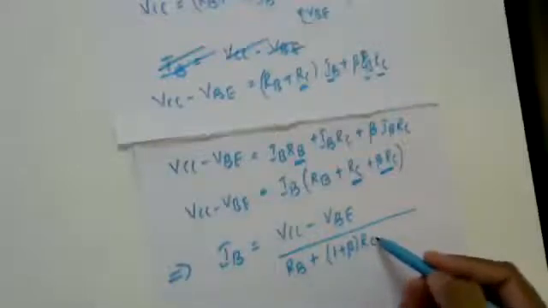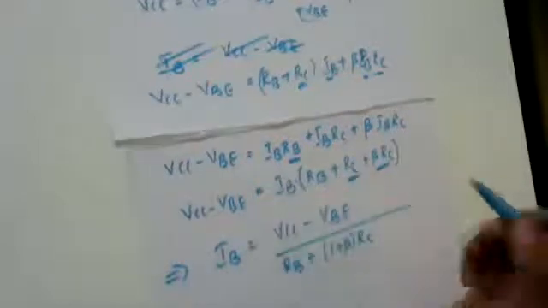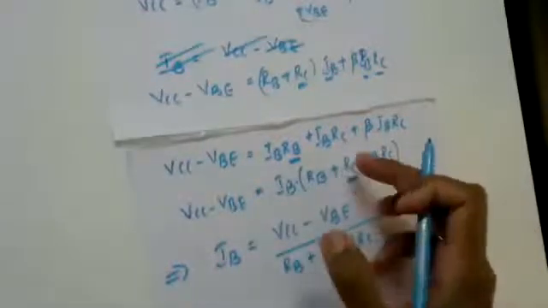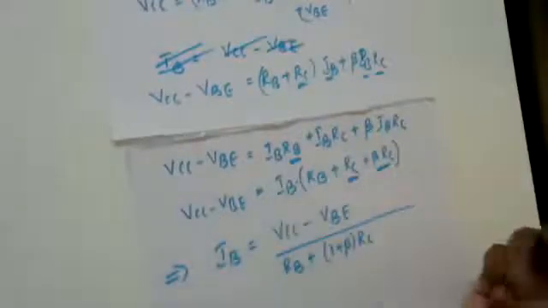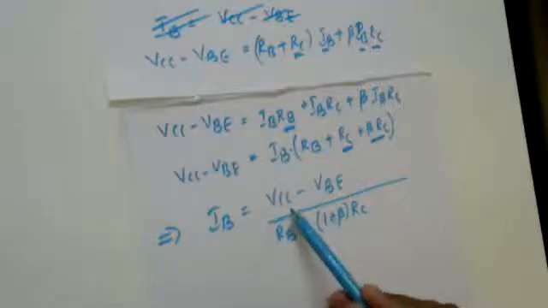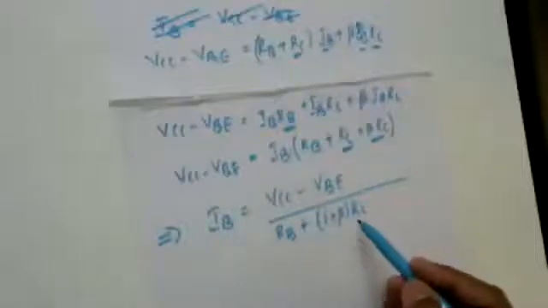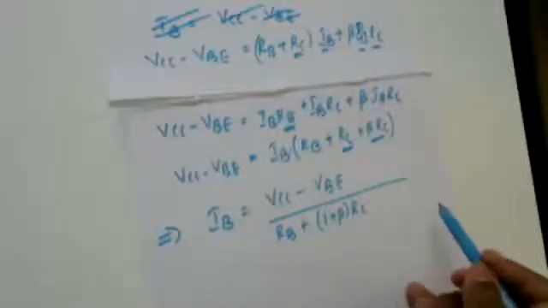I have taken this common because I am sending this term from RHS to LHS. Since it is multiplied, when it goes to the other side, it will be in your denominator, right? So I'll be able to get the expression as IB is equal to VCC minus VBE divided by RB plus (1 plus beta) times RC.